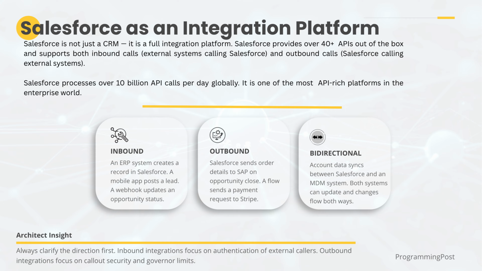Bidirectional is when we are sending a request and getting something back from the third party. It means Salesforce is calling one system, and the other system can also connect to Salesforce using API, which we call bidirectional. Clear? So here we have an architect insight: always clarify the direction first. Inbound integration focuses on authentication of the external caller.